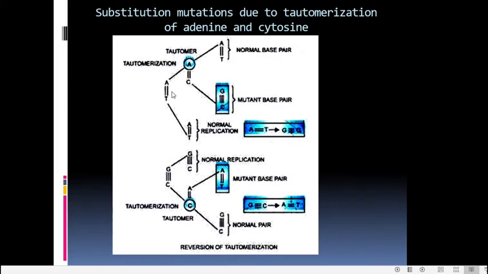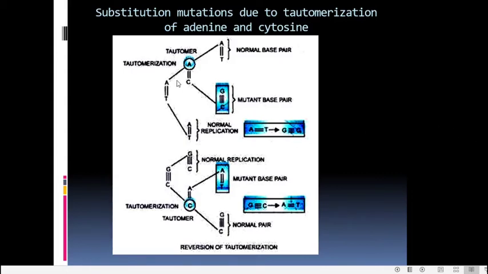But if it is tautomerized into the enol form, it will pair with thymine. That is what is called forbidden base pairing. So the transformation of a base from its common form to a tautomeric form through the redistribution of protons and electrons will lead to forbidden base pairing.